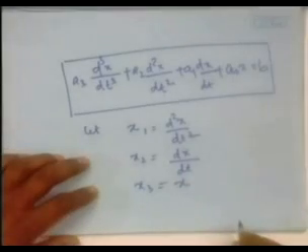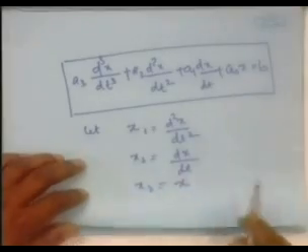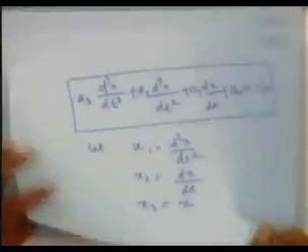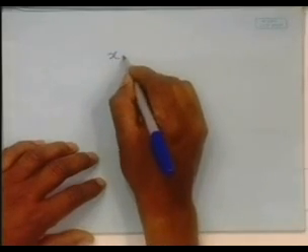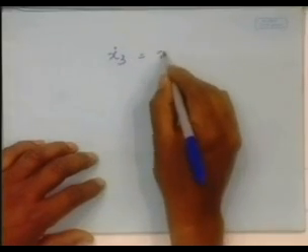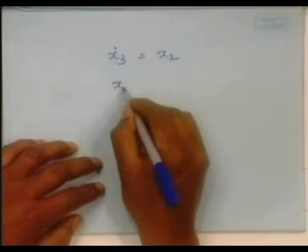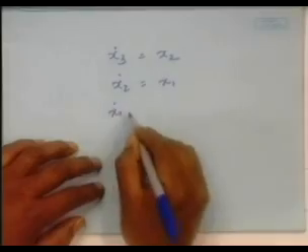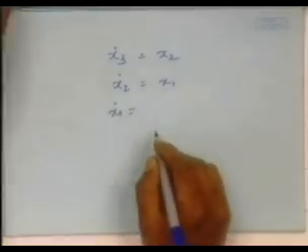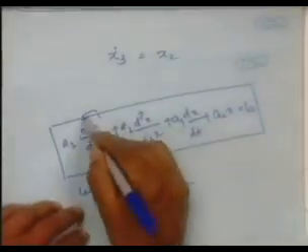If I take it like this, this turns out to be a third order differential equation. You can see here, x3 dot is equal to x2, x2 dot is equal to x1, and x1 dot is equal to, from the equation which you can see here, this is your x1 dot.